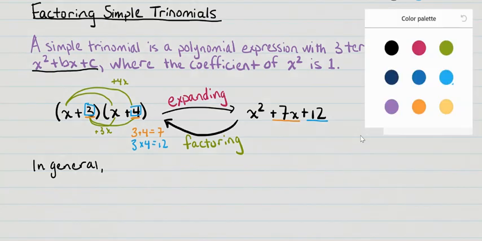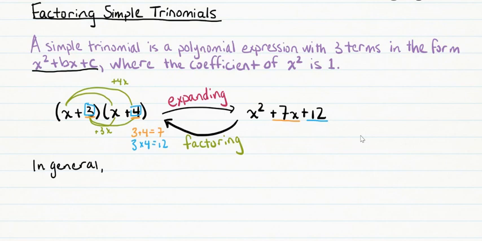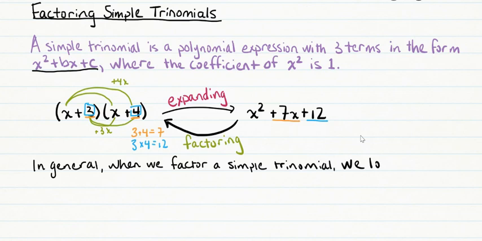So in general, when we're factoring what we call a simple trinomial, we look for two numbers that add to b. In this case, the 3 plus the 4 add to the 7.